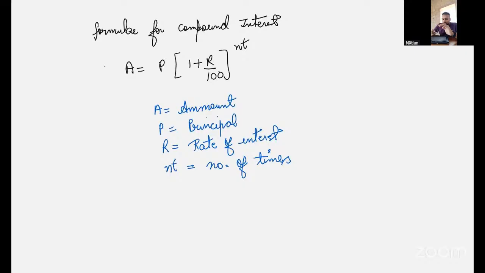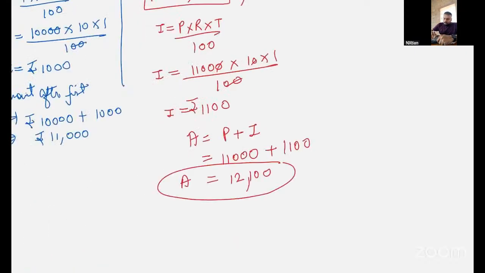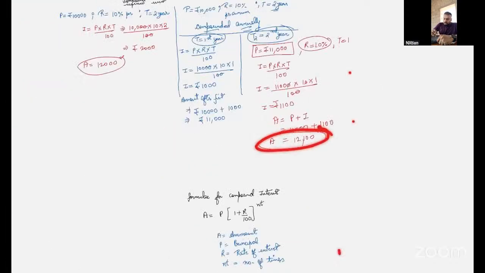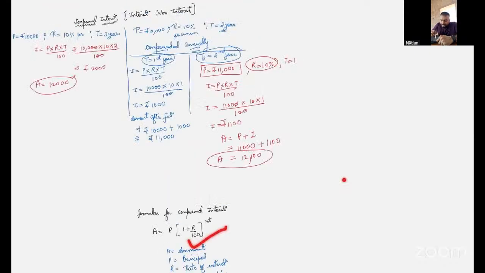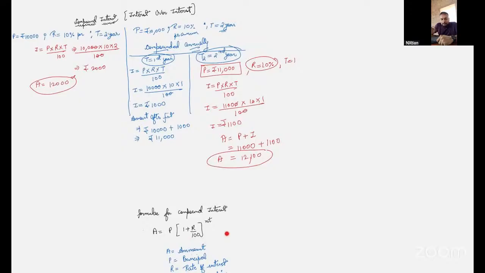Now we'll calculate this example. When I solved it, I got the amount as 12,100. So I will use the compound interest formula to check whether this formula is correct or not. With this formula also I should get the same amount, 12,100.